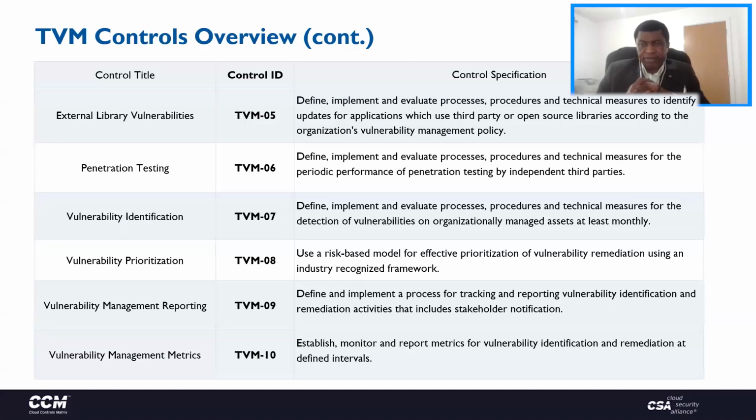And crucially, and vitally important, I must emphasize this, all identified vulnerabilities must be logged, tracked to closure, and reported as per processes and procedures. In other words, remediation process.